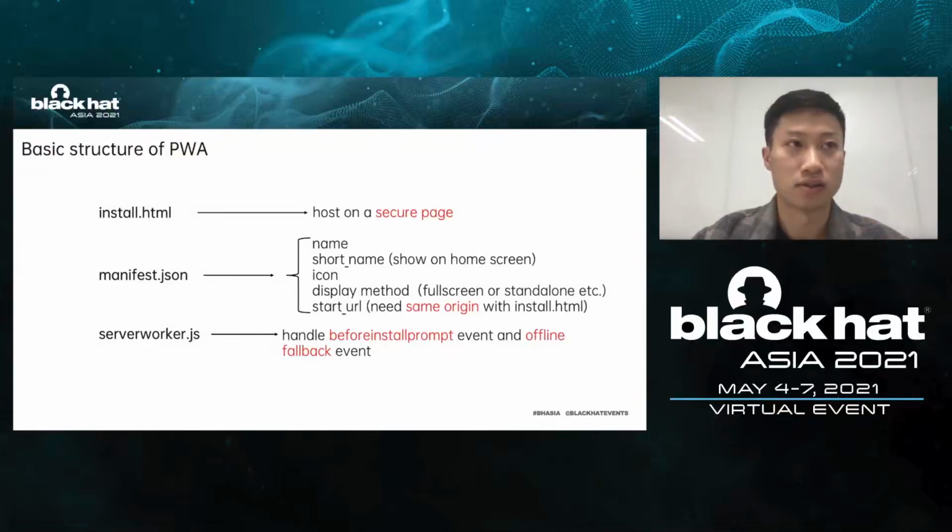It consists of 3 parts: HTML connection with HTTPS, which means a secure page, and also a file manifest.json. It's the same as the Android manifest. Developers can define an icon in it. And also, we need a service worker. It will handle the install promote event and the offline fallback event.